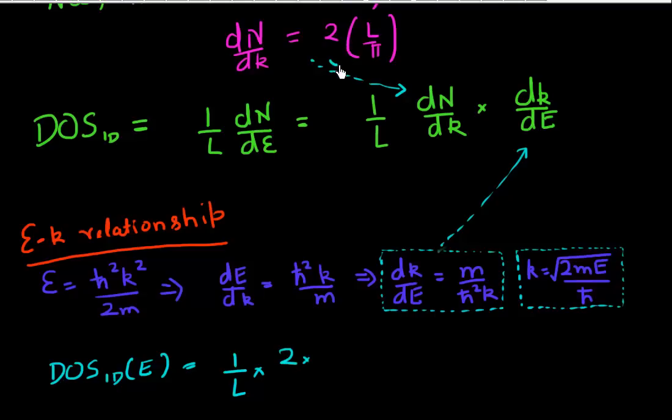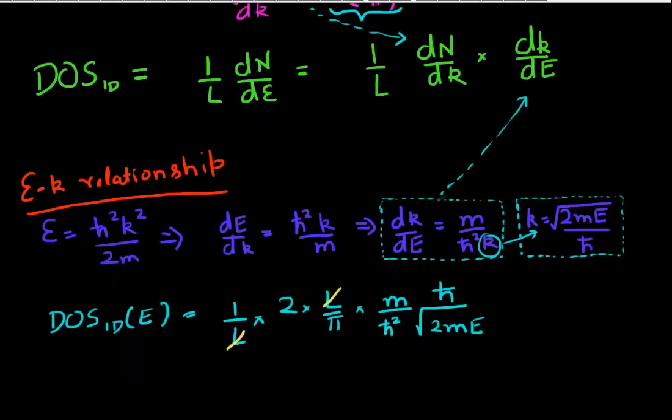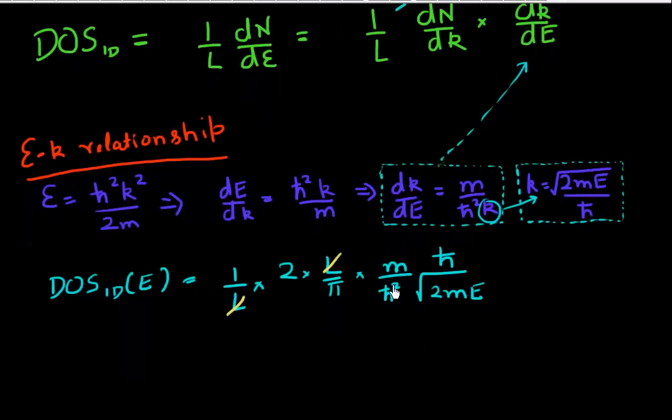So I substitute 2L by pi, and then I substitute for dk by dE, m by h bar square k, and instead of k I write it in terms of energy. I already see a lot of cancellation happening. My L cancels out with this L, and one of these h bars cancels out with this h bar, and I can write h bar as h by 2 pi.